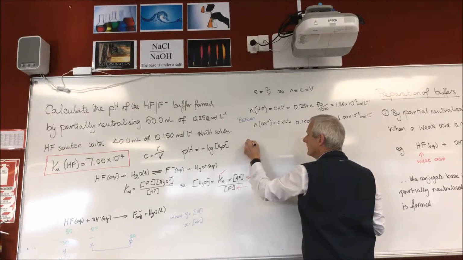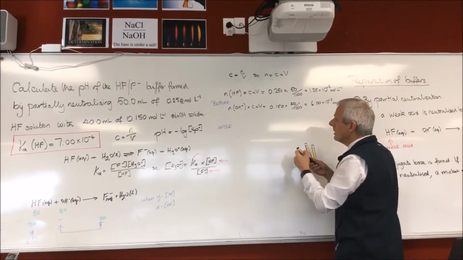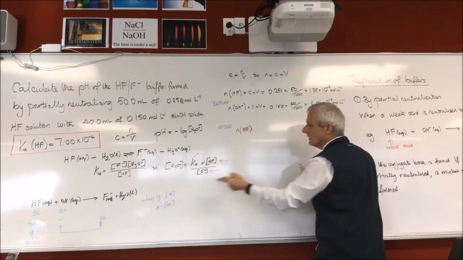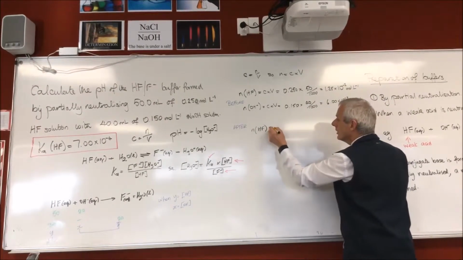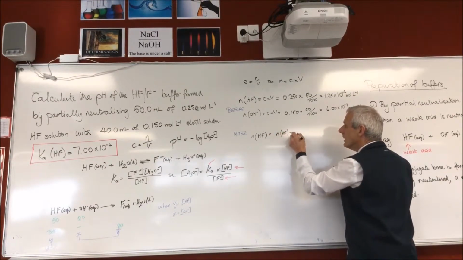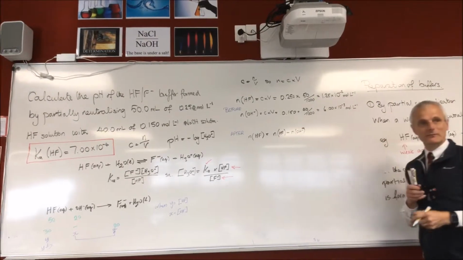After, the number of moles of HF is equal to the number of moles of HF before minus the number of moles of OH minus. That's what we've just said, isn't it?